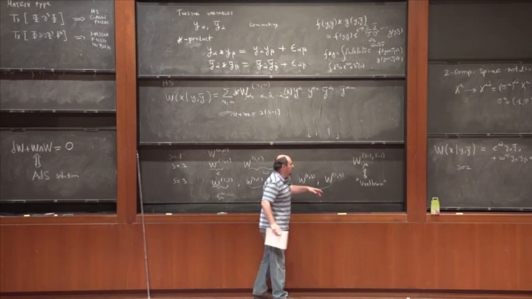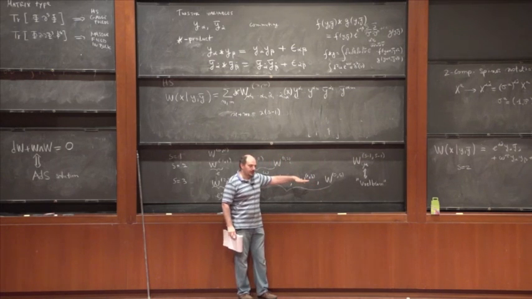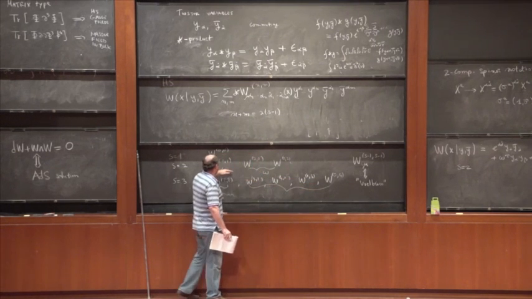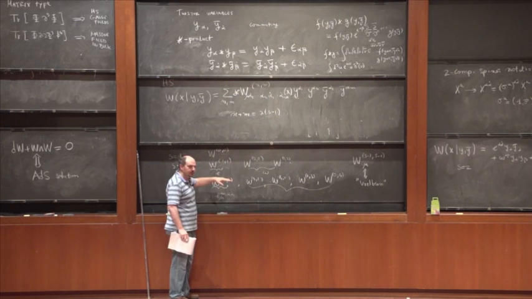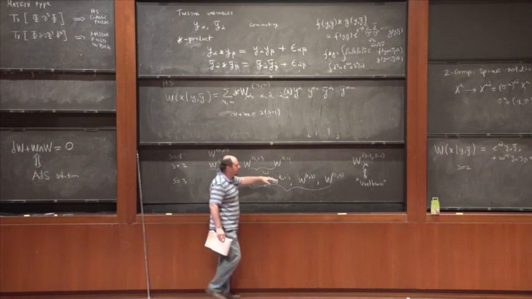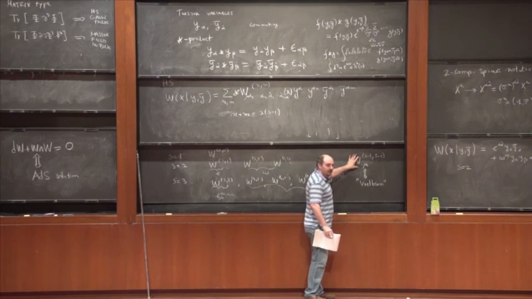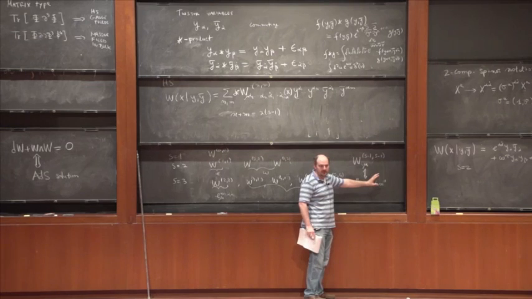After fixing the local Lorentz rotations, you can relate this to the Fronsdal field, in the same way as you can go from the Wilbein to the metric. You can go from this Wilbein-like formulation to the Fronsdal field at the end of the day.